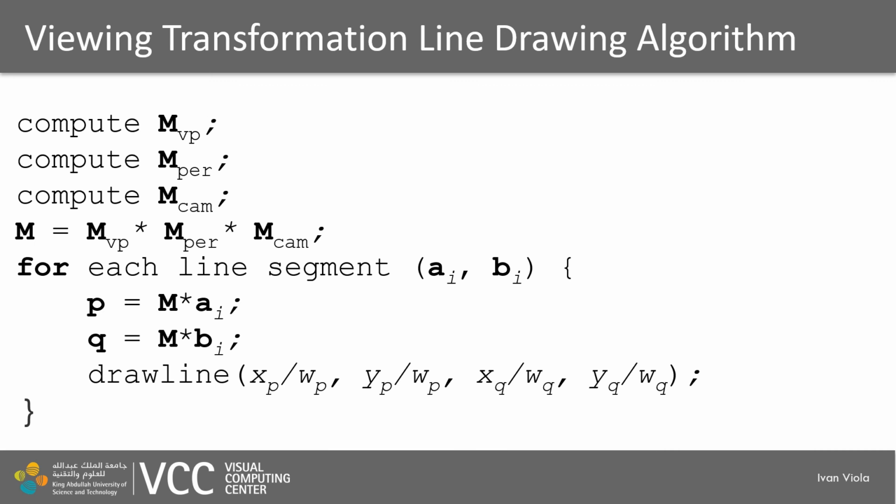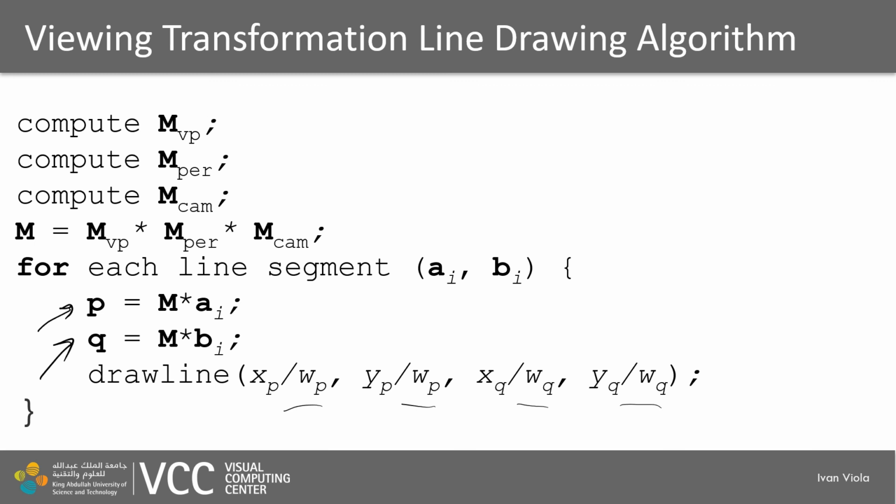And by that we will get the new points after this viewing transformation, P and Q. And if we want to then simply project them on the space, the final thing which we need to do is to divide each coordinate by the last coordinate, the W, so that we have this perspective division applied.